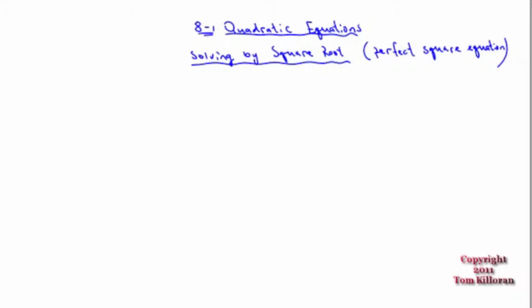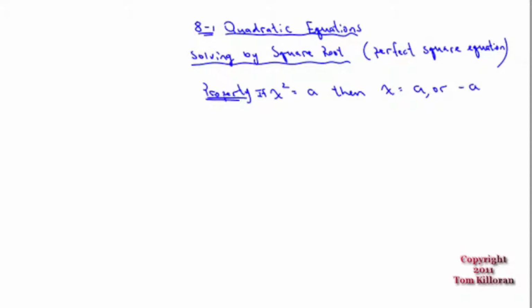So the property we're going to use for this problem is if x squared is equal to a, then x is equal to positive a or negative a. And I can use a number example just to show you that this property actually does work.